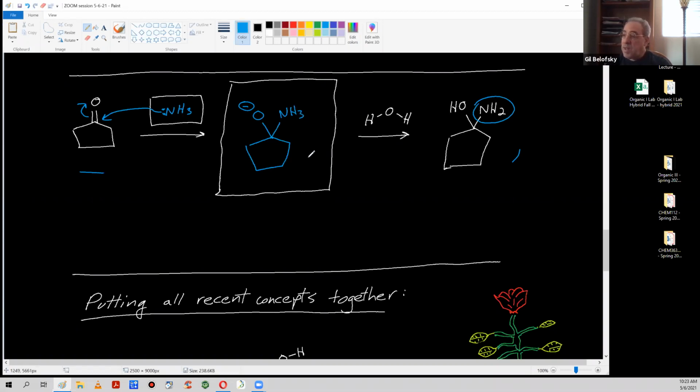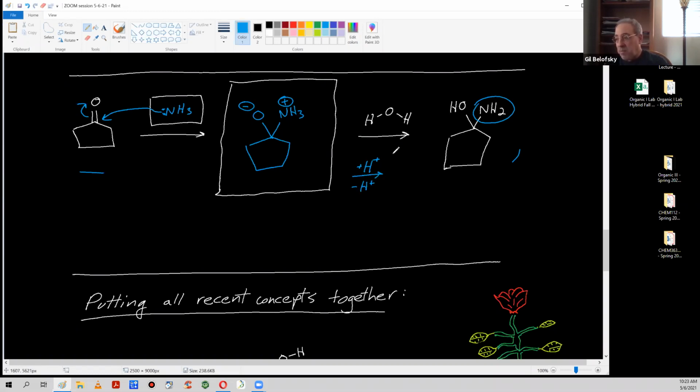NH3, and there's the whole business with this being charged, so the oxygen has to gain a hydrogen, the nitrogen has to lose a hydrogen, and without having to draw those out every single time, I said you can go plus H plus, minus H plus.